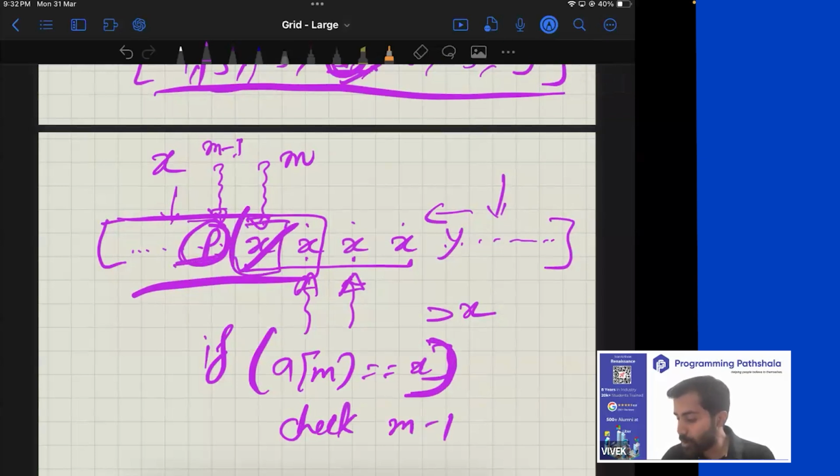And if that is not different, which is, let's say your mid was here and you found that mid minus 1 is also x, so you can guarantee yourself that this is not your answer, your answer lies behind. If your answer lies behind, you can switch to the left side of your search space. And how do you do that? You do that by changing high equals to mid minus 1. Does this point make sense? How many of you understand this idea?